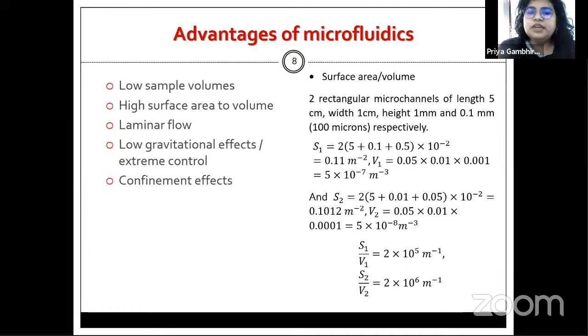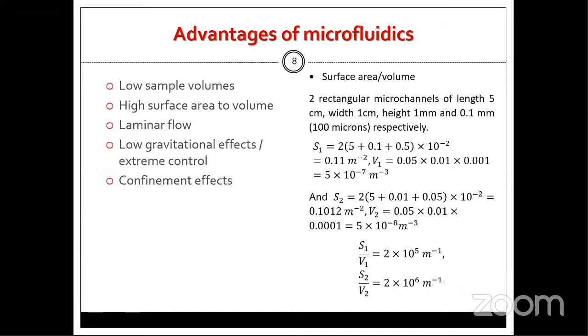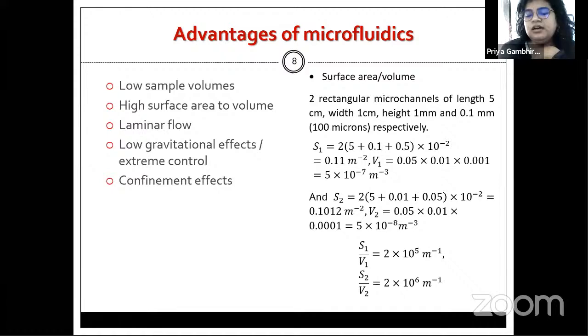So when you work with microfluidics, you can design devices where you can confine particular cells so that you can do single cell studies. This is very difficult to do in traditional in vitro experiments, where you always have to work with a population of cells. This is a very good advantage of microfluidics, especially while working with biological fluids.